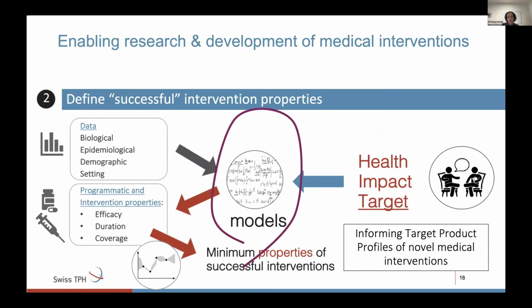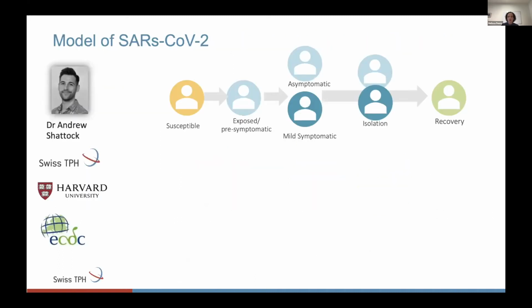So part of this requires having models that are fit for purpose for these questions. As part of our BRCCH grant, we're developing and adapting existing models and also collaborating with other partners. At the moment, we've been developing population models and using these to explore the non-pharmaceutical interventions in Switzerland to have a really solid base on the disease epidemiology and transmission.